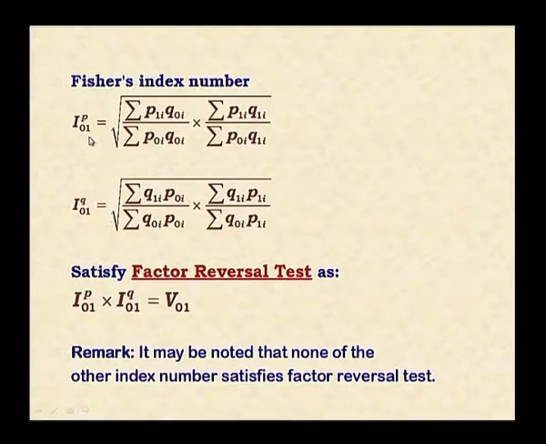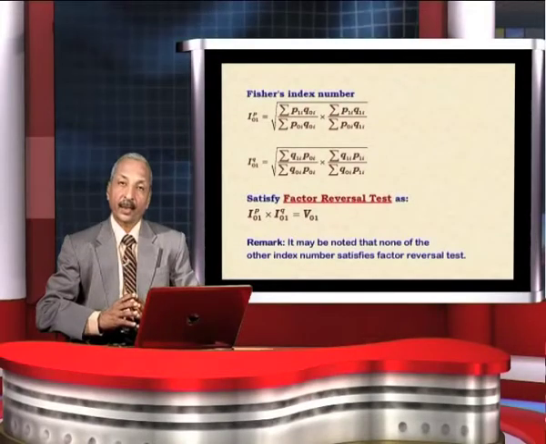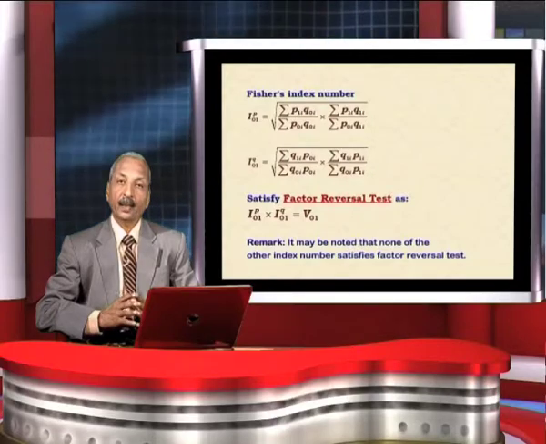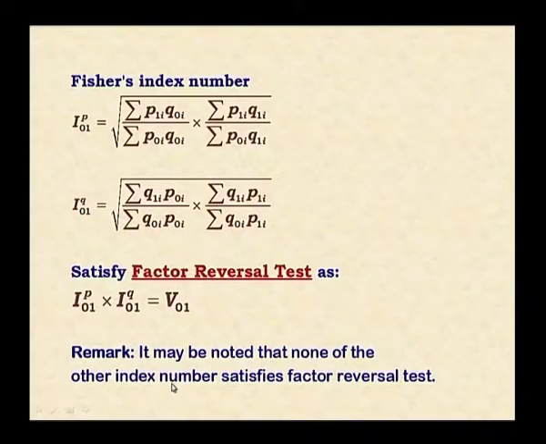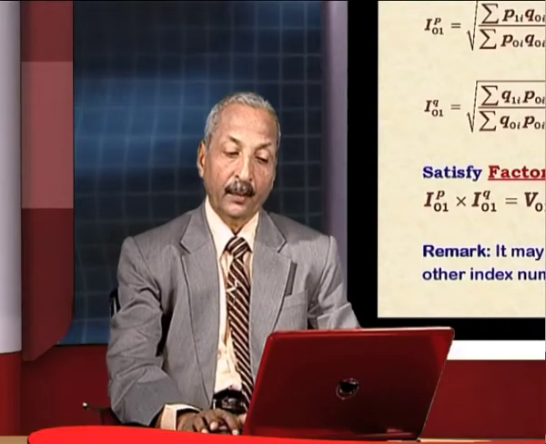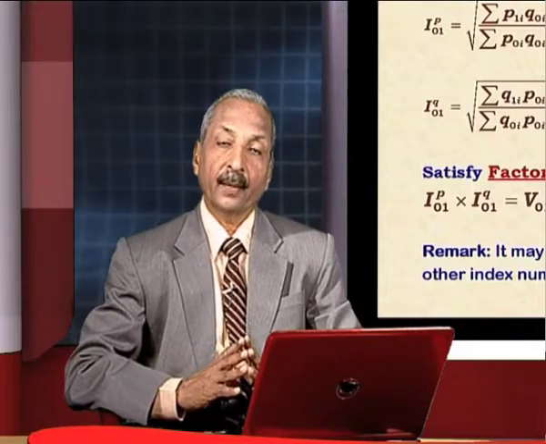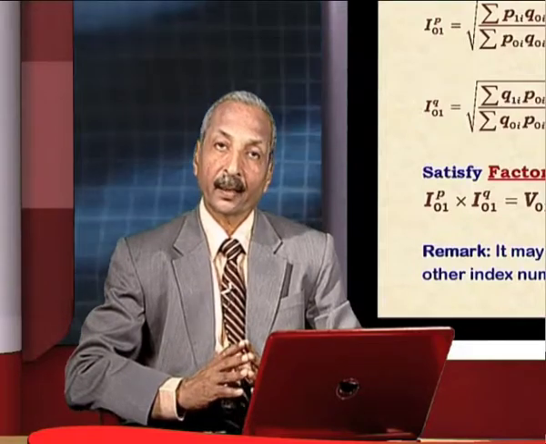So, if we multiply this I01P and I01Q, then this will give me the value index. So, this is the only index number which satisfies both the criteria, that is the time reversal test as well as the factor reversal test, and therefore we say that Fisher's index number is an ideal index number. Again it may be noted that none of the other index numbers satisfies the factor reversal test, that is both the tests are satisfied by Fisher's index number.